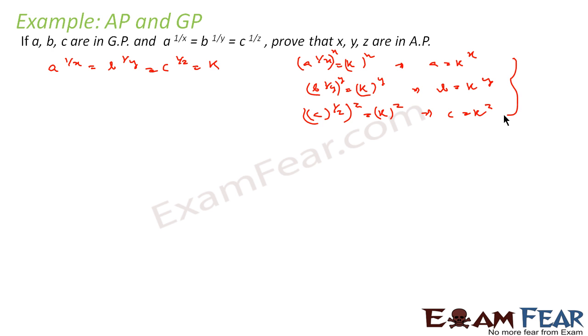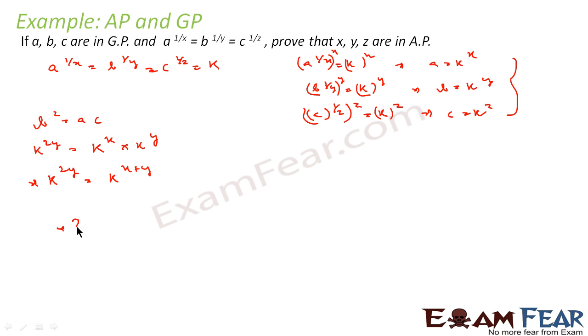So we have a, b and c as k to the power x, k to the power y, k to the power z. Now we are told that a, b, c are in GP, that is b square is equal to ac. So b square is nothing but k to the power 2y, and ac is k to the power x into k to the power z. So this becomes k to the power 2y is equal to k to the power x plus z.